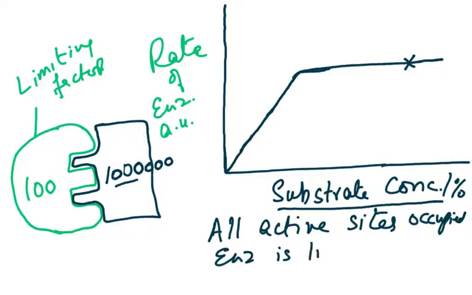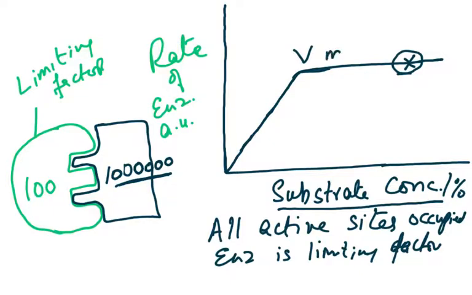Enzyme is limiting because you see you only have 100 active sites. So point X can be explained in a number of ways. Now even though we've increased the substrate, that doesn't make any difference. We say the rate is constant, and this is called Vmax.